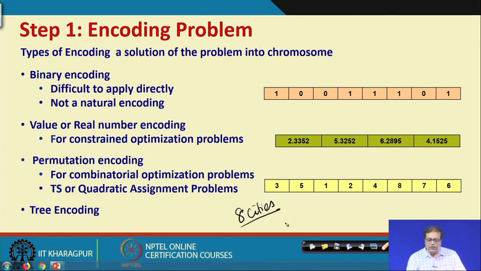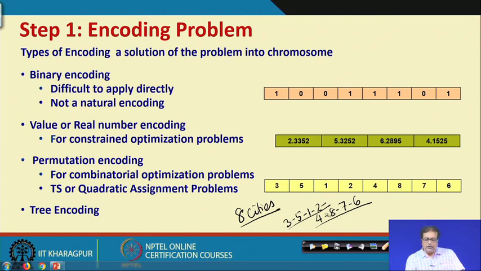So, one such tour could be 35124876. No city should occur more than once. So, that is called permutation encoding.